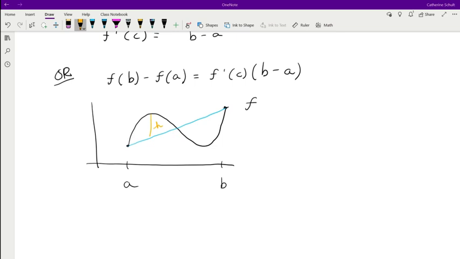All right, so on with the proof. Let's talk about what I just defined.